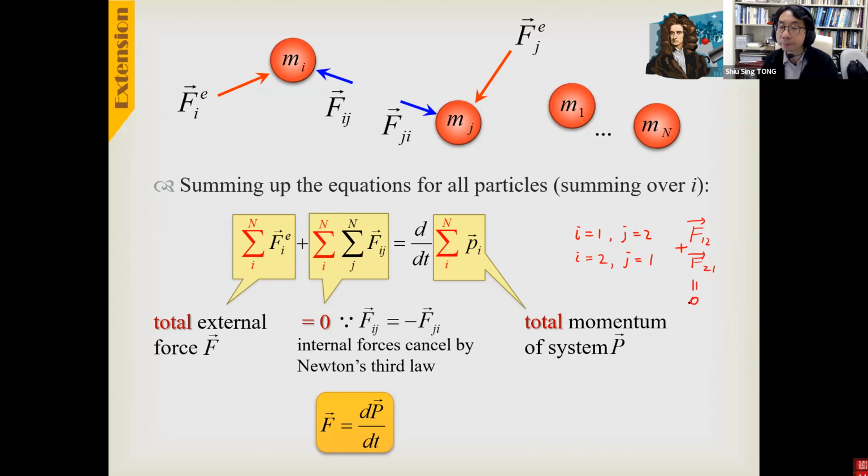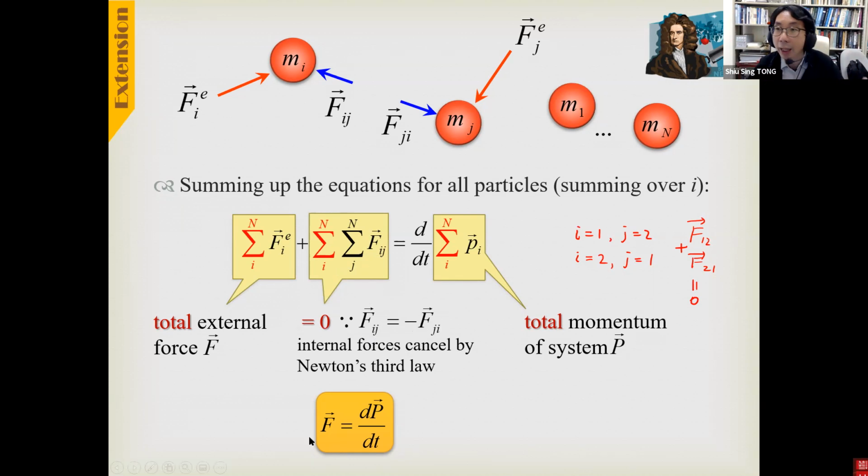So they cancel, right? And so the internal forces cancel in pairs. Fij always cancels with Fji. And so the sum of these two terms is always 0. So when I sum over all the internal interactions, the internal forces always cancel by Newton's third law. And so the double summation just gives me 0.